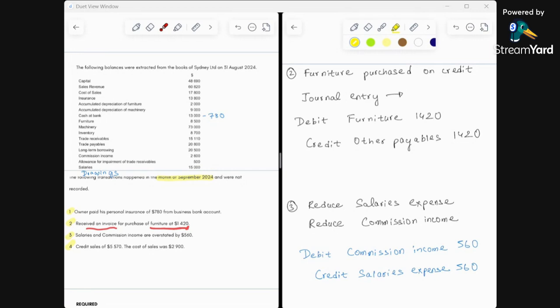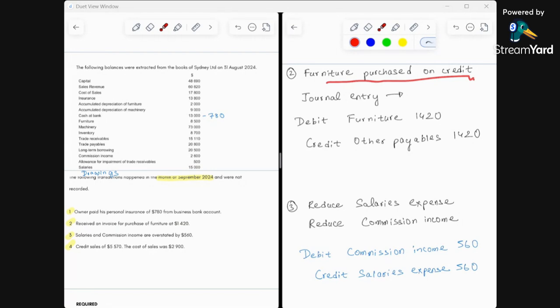We had got an invoice and we can see the amount in this invoice that we are required to pay from the people whom we bought this item from. In this case, we had purchased a furniture which costed us $1,420 and we ended up receiving an invoice. We can also say that this is the same thing as furniture purchased on credit and we are yet to pay for this amount, okay?